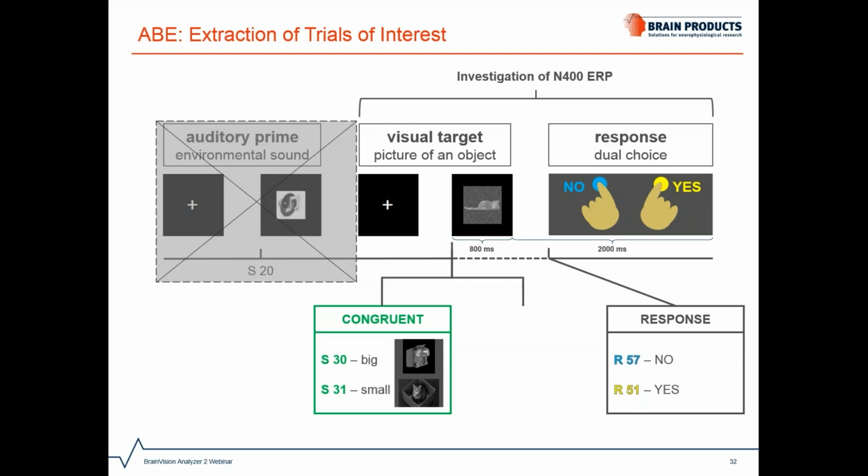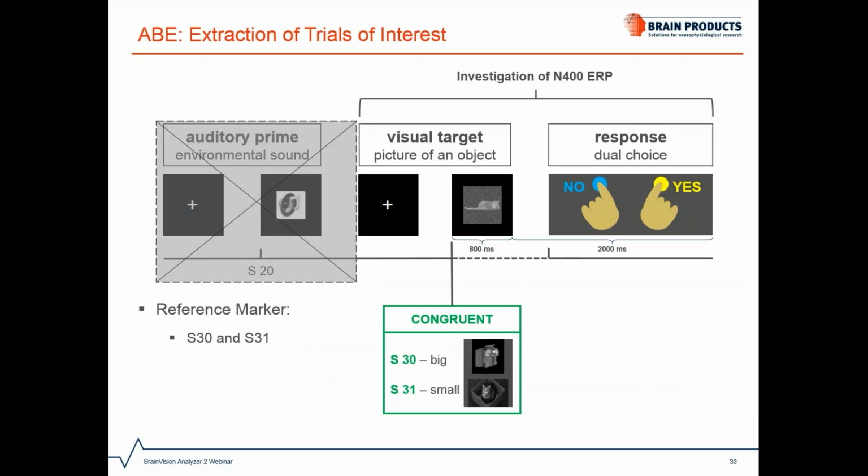So the task was, does it fit into a shoebox? You can answer yes or no. Obviously, for big objects you have to answer with no, and for small objects you have to answer with yes. In the global segmentation, our reference markers need to be S30 and S31, because we want to collapse across all congruent trials.